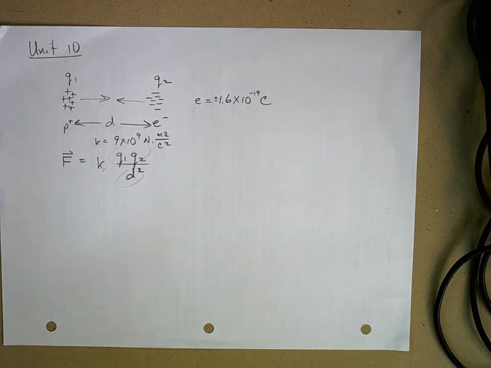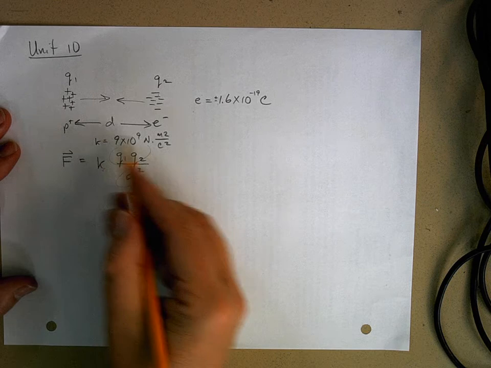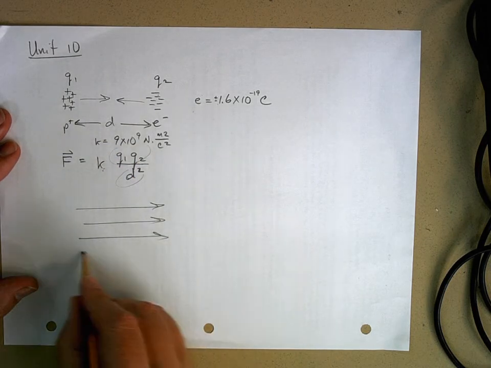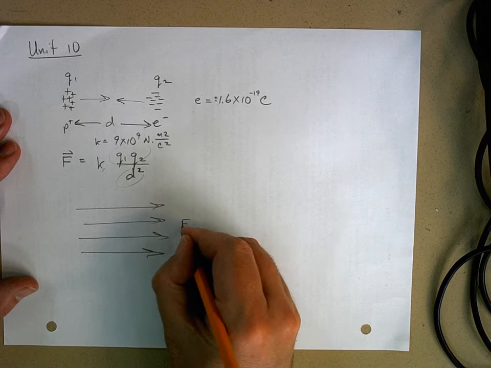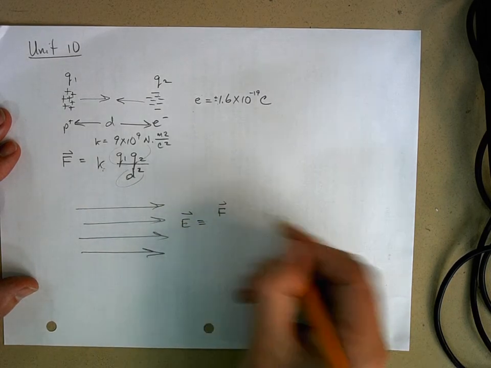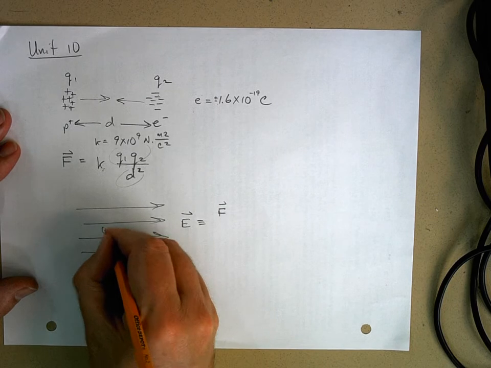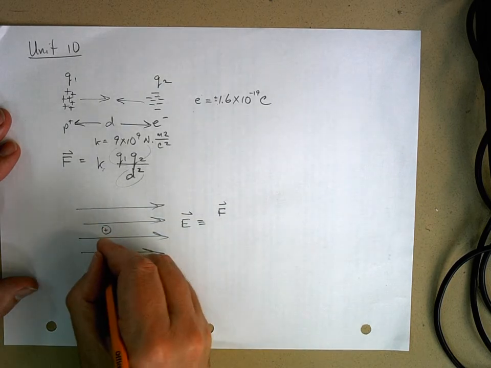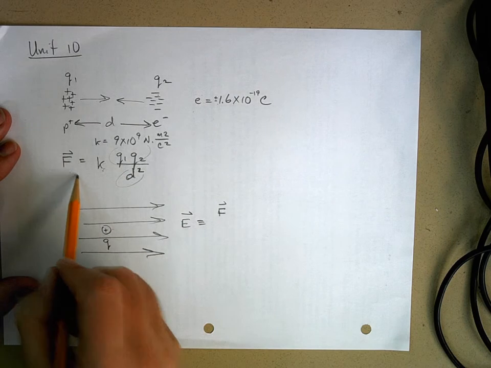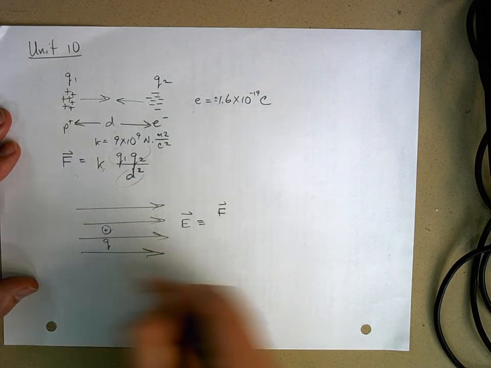Now, sometimes I can create an electric field. An electric field, by definition, is the force that my object feels. If I put a charged object right here, and it feels an electric force, it could be a Coulomb force, divided by the charge.